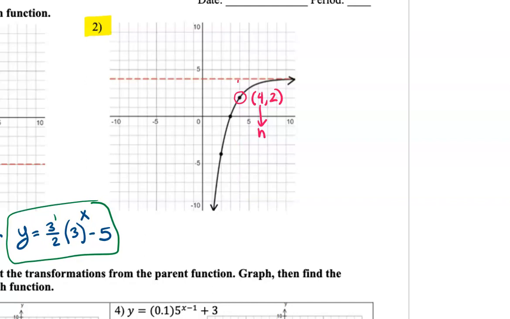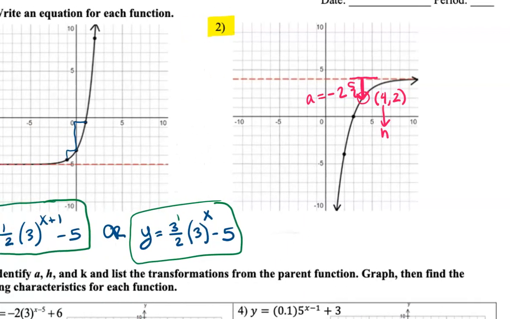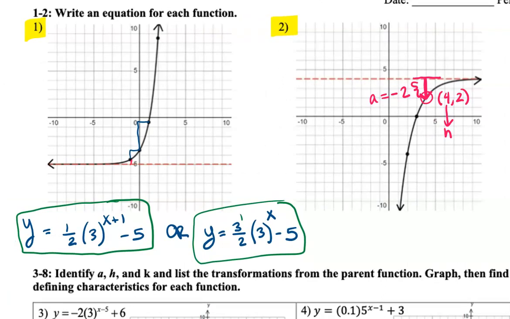Then I use the distance between that same point and the asymptote, so this distance of -2, as my a value. The reason I'm using negative is because this time I have to go down from the asymptote rather than up. In this last one, I went up from the asymptote, and that's why a was positive 1/2, because I had to go up 1/2 from the asymptote.